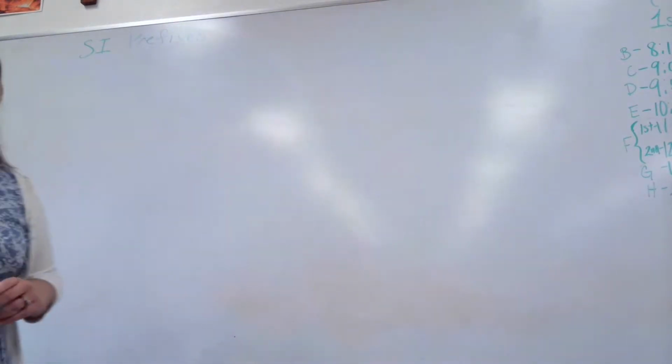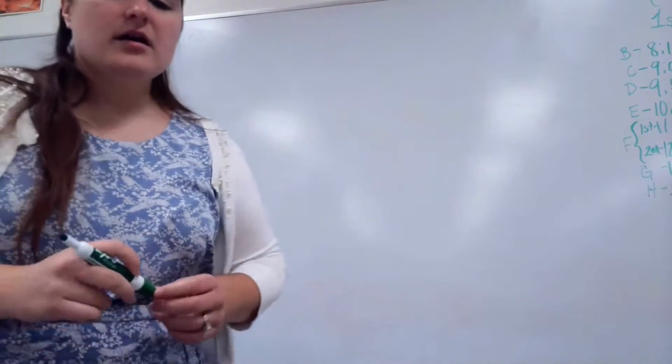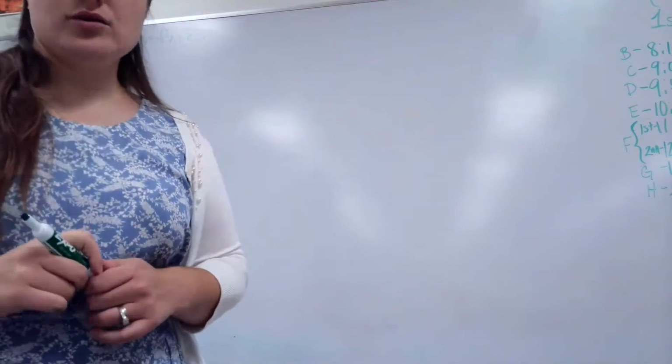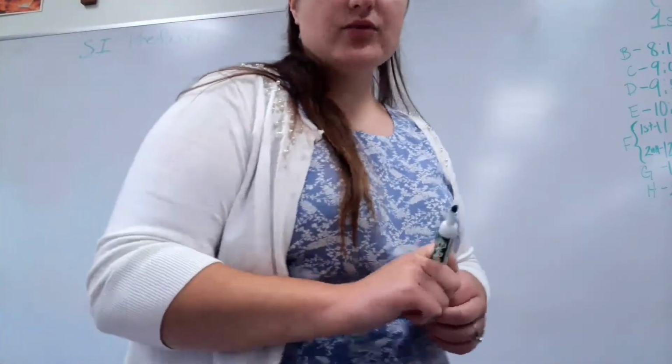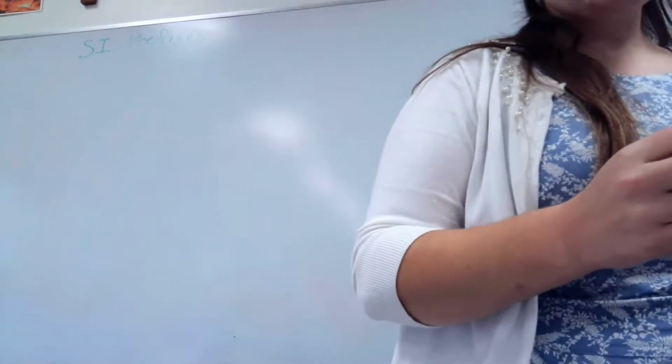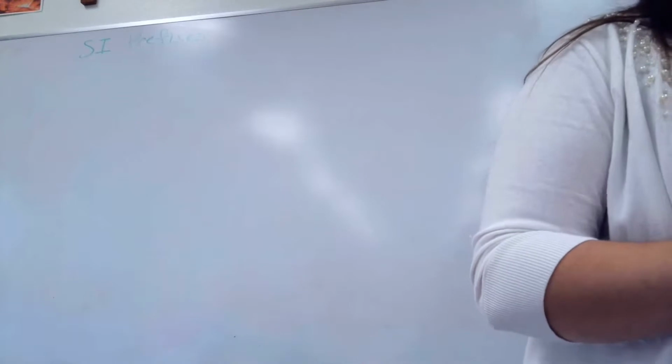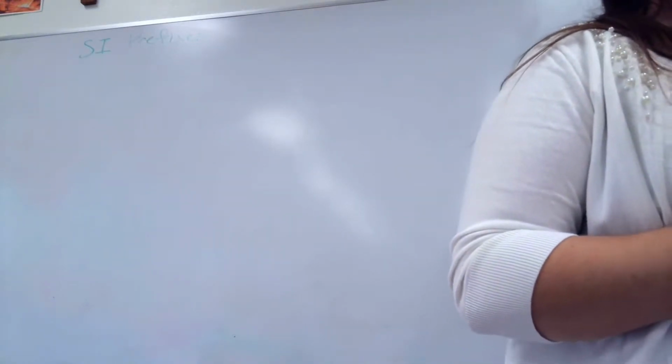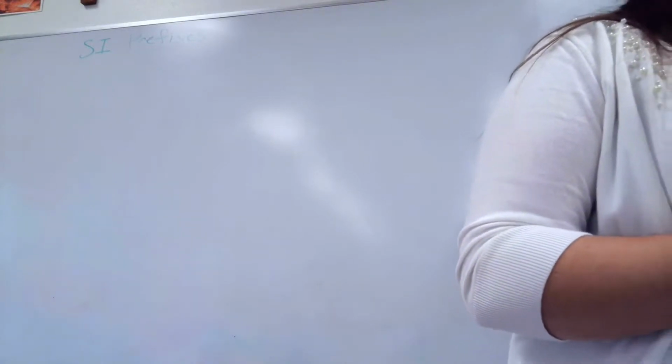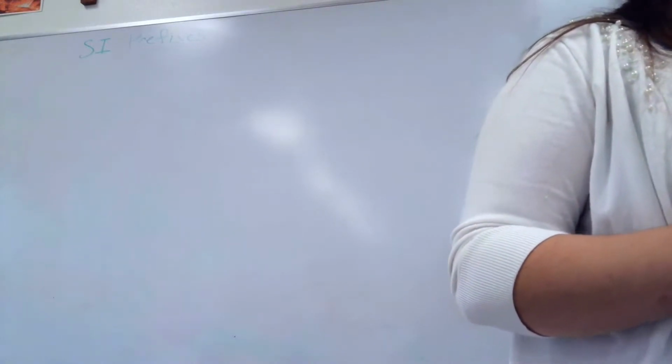Okay, so our SI unit prefixes. The ones that I want you to know, we're going to start with small ones. Your book lists a few that really aren't used very commonly. So things like femto. Femto is really ridiculously tiny. Most of the time, if you're using femtometers, you're literally measuring the size of atoms.